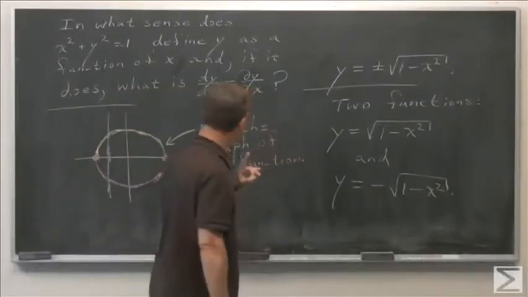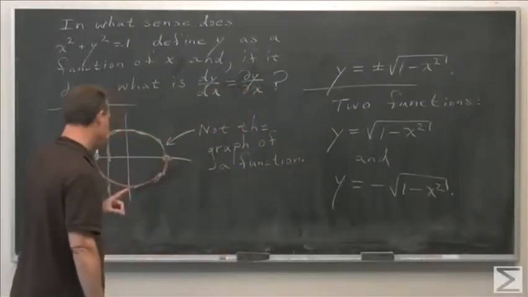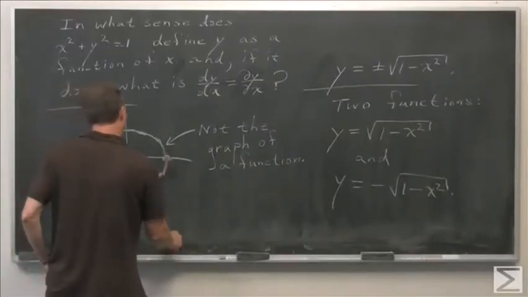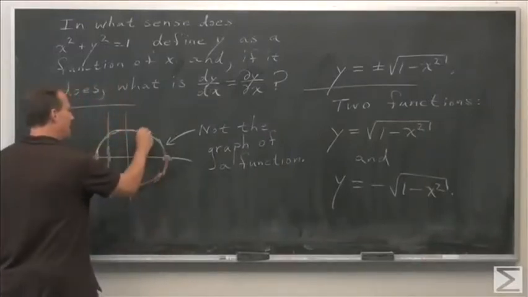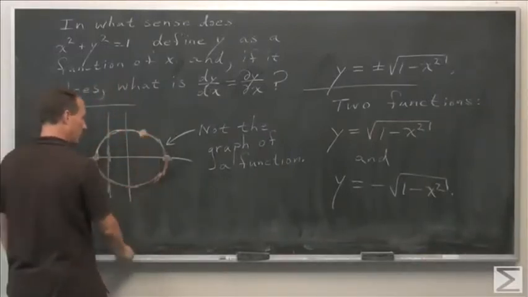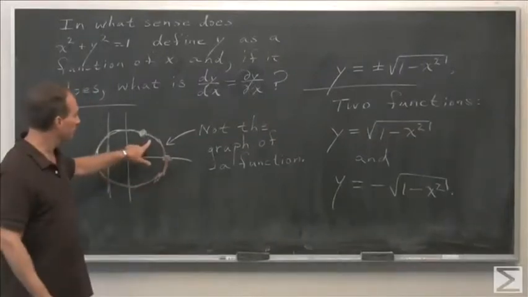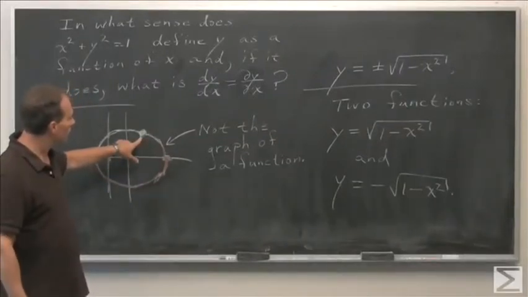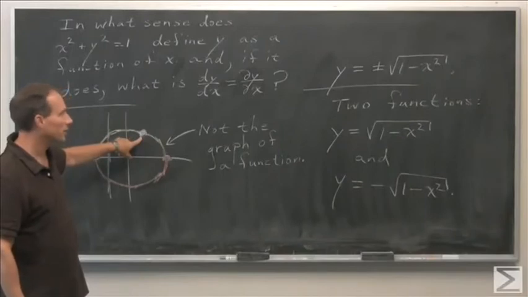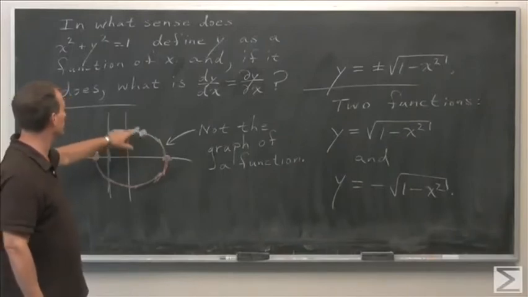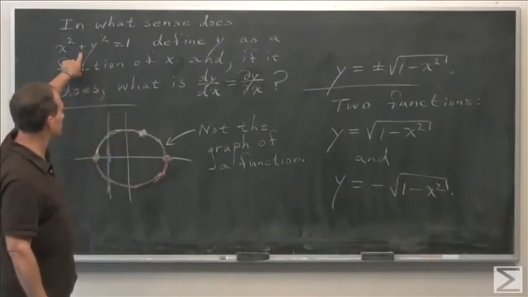Great. So what you can see immediately is that if you're near a point, so suppose you're near this point, well, then there's only one function that we're interested in that corresponds to this equation.